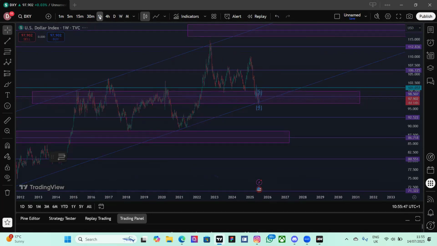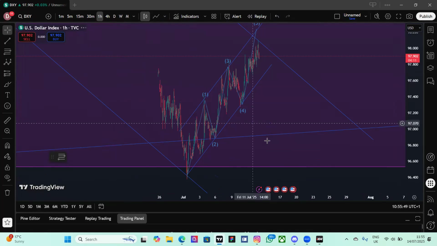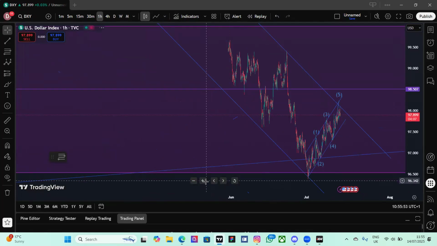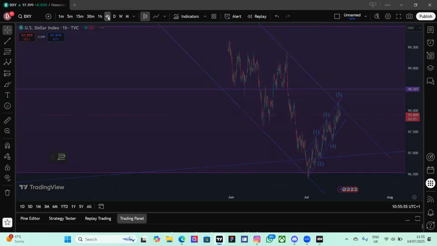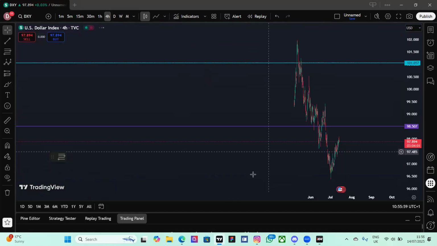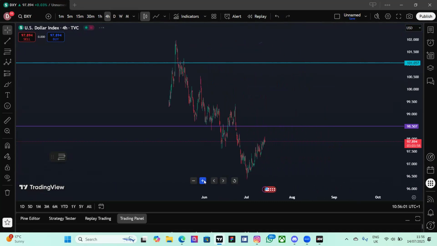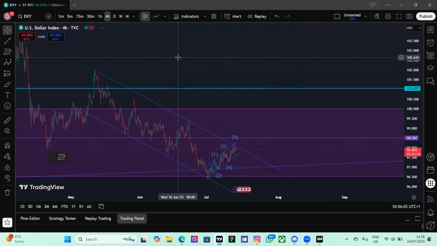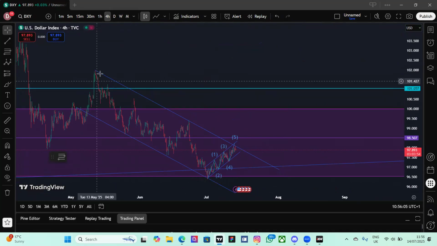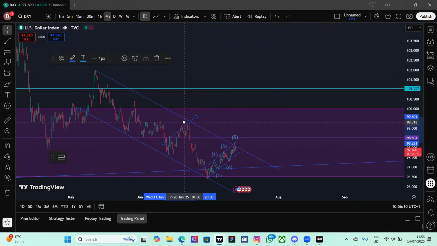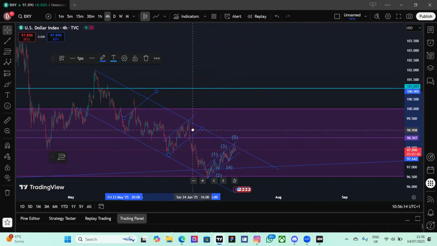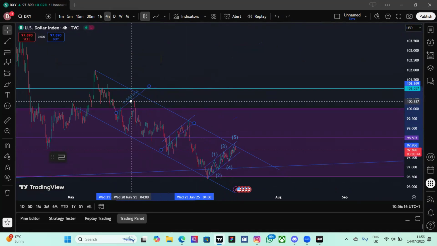But now going back into zooming in onto the 1 hour, we'll just have to wait and see, because this channel on the 4 hour, if I zoom out again, I zoom out this channel right here, and see all the pullback zones within these areas right here.